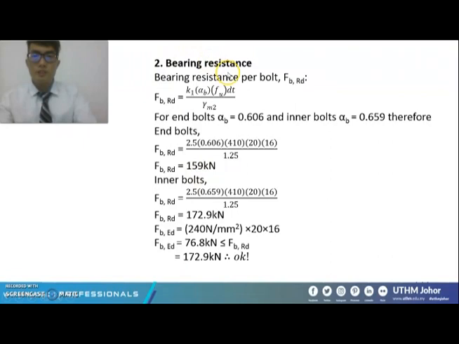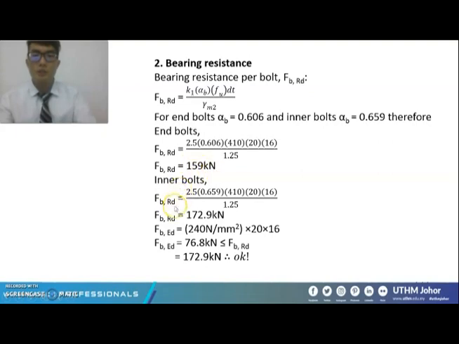For the bearing resistance per bolt, Fb,Rd is equal to this formula. For the end bolts we have calculated alpha b equal to 0.606 and for the inner bolts alpha b equal to 0.659. Therefore, for the end bolts we calculated Fb,Rd and get 159 kilonewtons.